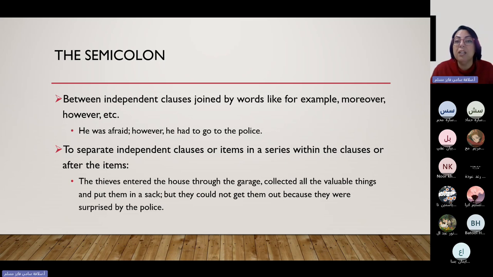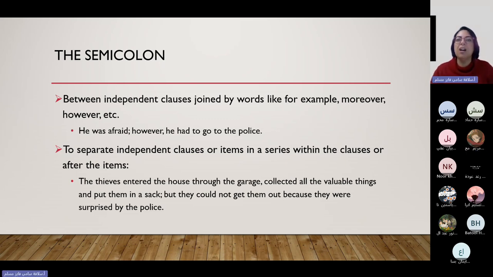Who remembers what the fanboys are, you guys? Me, doctor. Go ahead. F for for, and A, no wait. A for and, and N for nor, and B for but, and O for or, and Y for yet, and S for so.